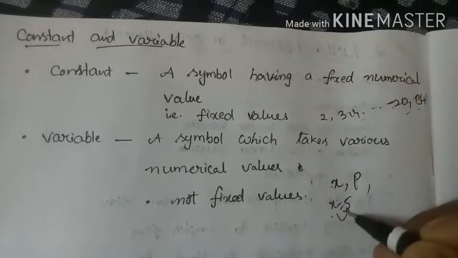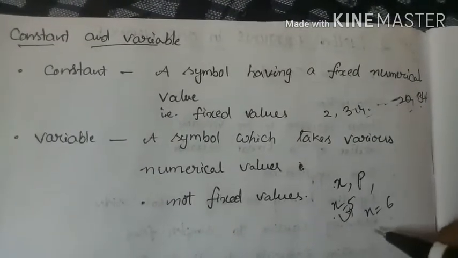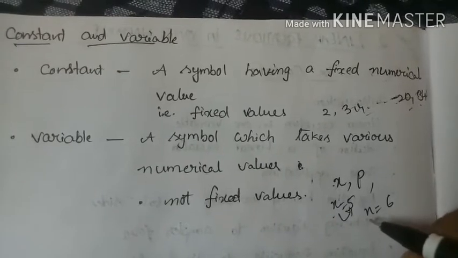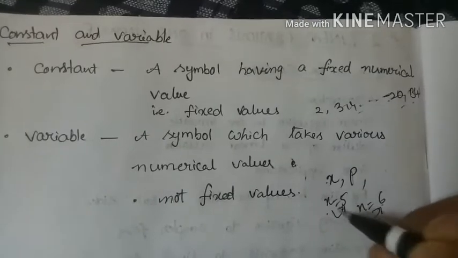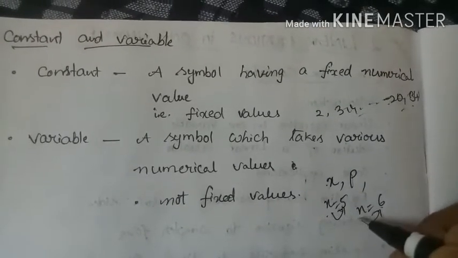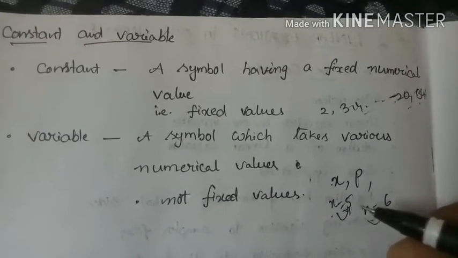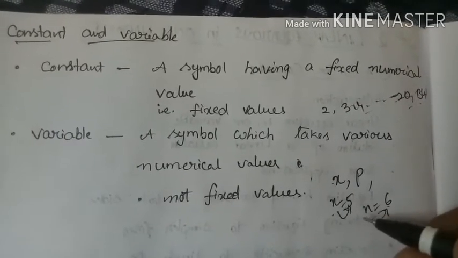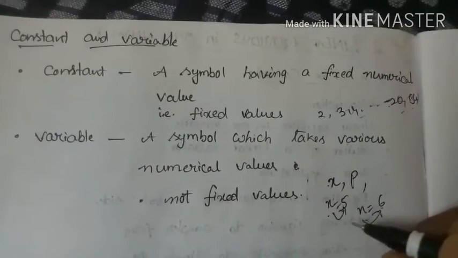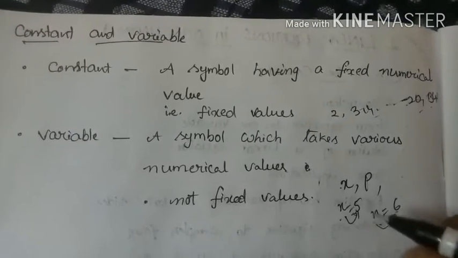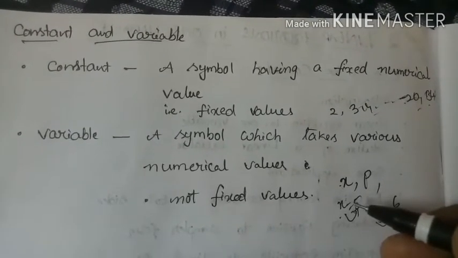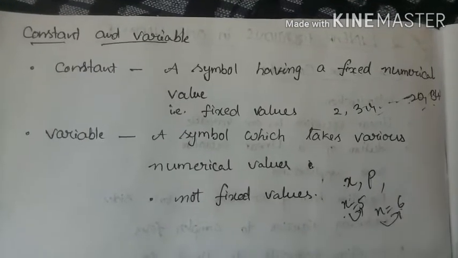In this case only 5. In another case suppose it is 6. Then only the x value is 6. That means every time the value can change. So that is called a variable. Variables means which is not fixed. Fixed values are constants. Okay. Next.